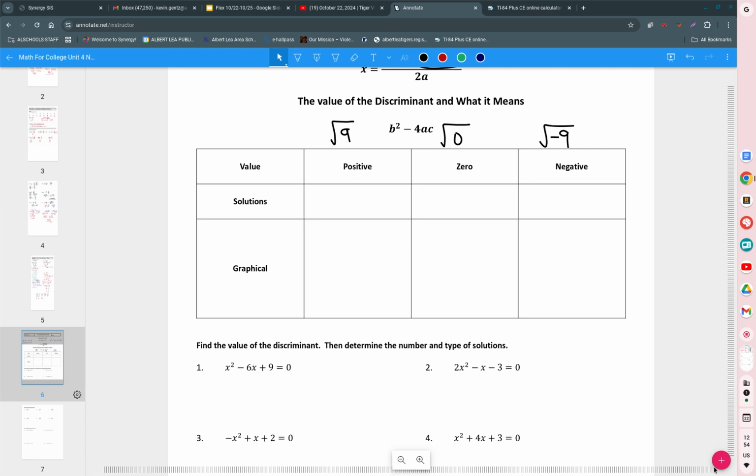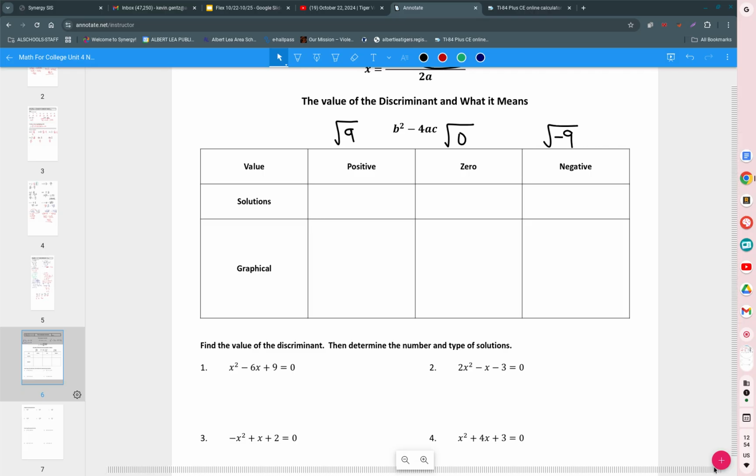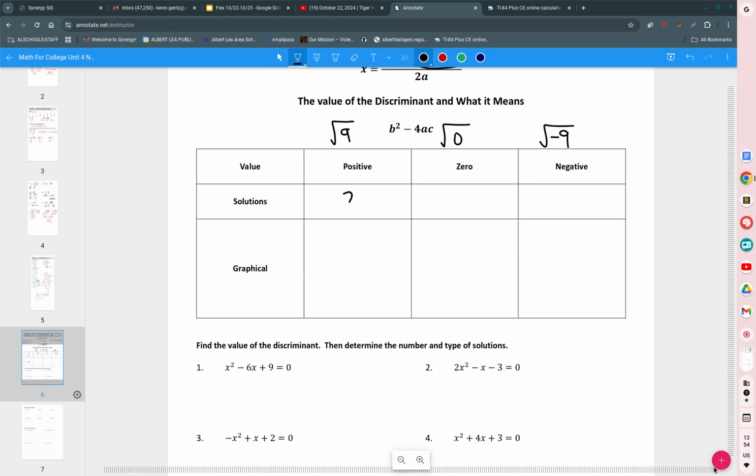Negative 3 times negative 3 is 9, and 3 times 3 is 9. See that? And so therefore, if you have a positive value underneath the square root, there are two solutions. That means that if you were to graph it, the parabola would actually cross the x-axis in two spots. That's what it means.